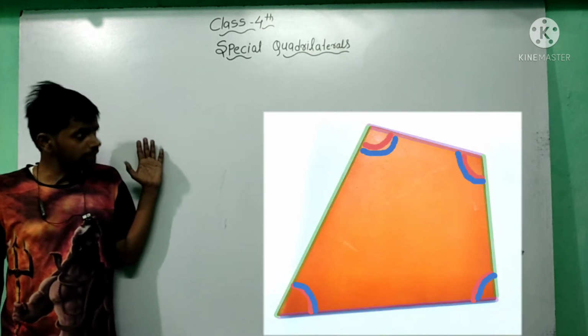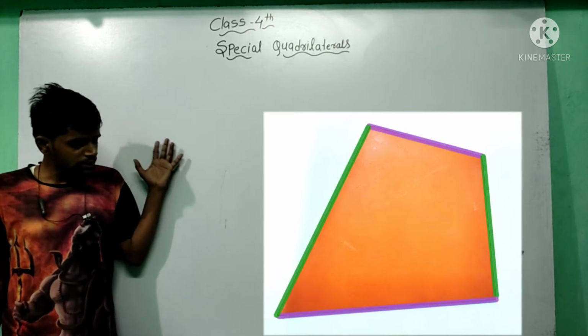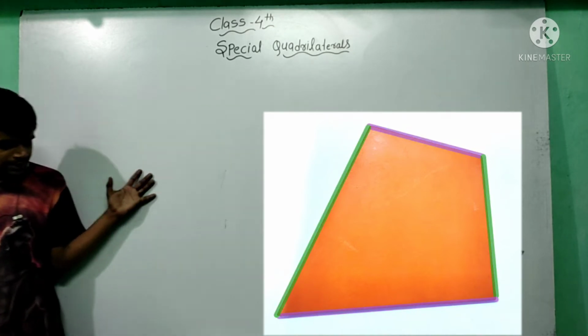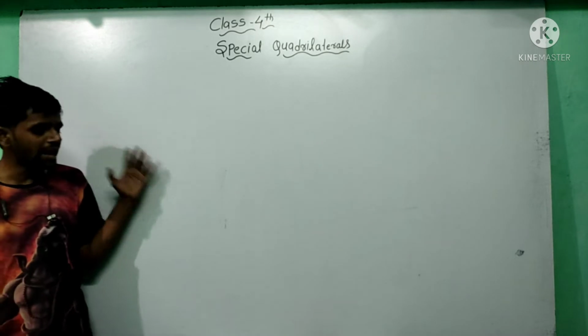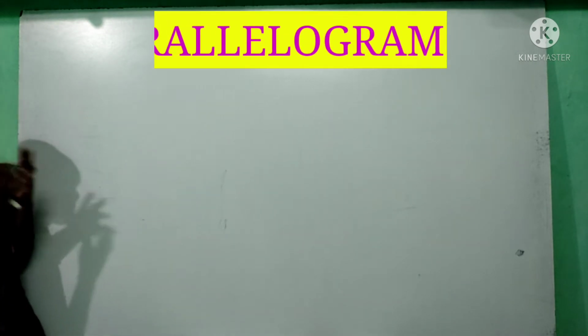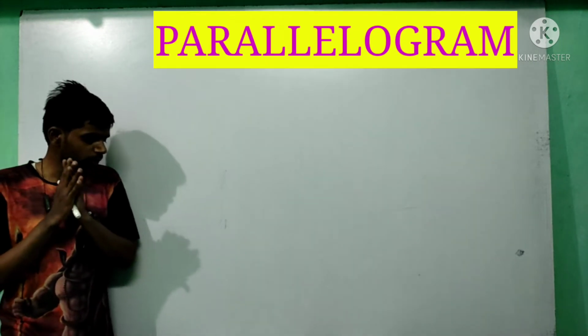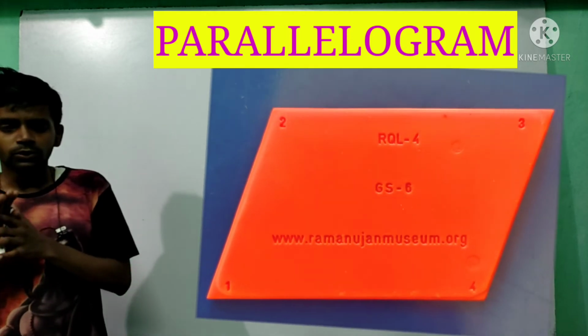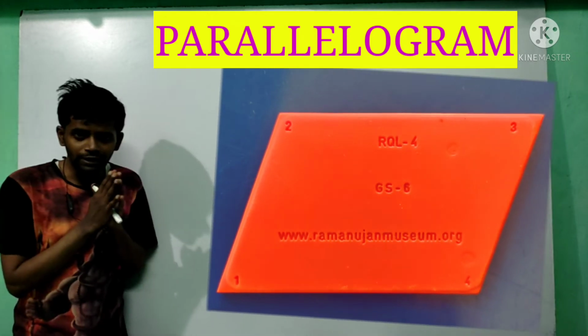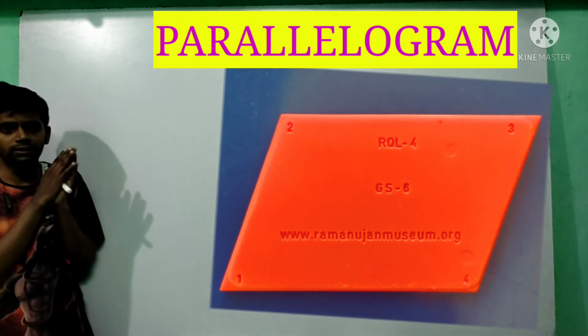So let's move toward the first special quadrilateral, that is the parallelogram. So this is a figure of a parallelogram. This is also a quadrilateral, but it is a special quadrilateral.